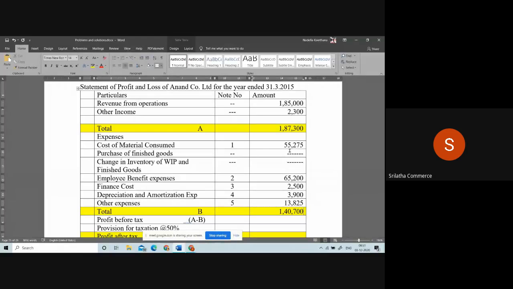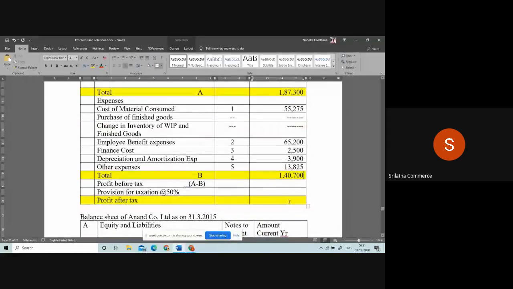Everyone got the same amounts? Please check. Tejaswini, is it correct? A minus B is how much? 46,600. Profit before tax. Tax rate is not given, but he had given the amount.